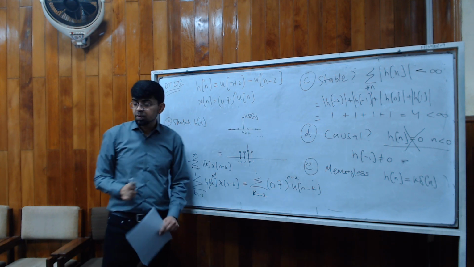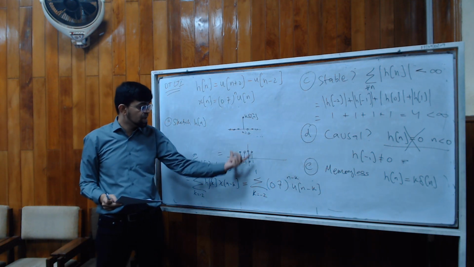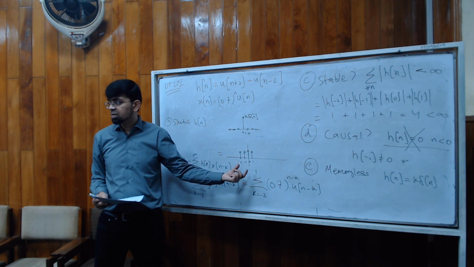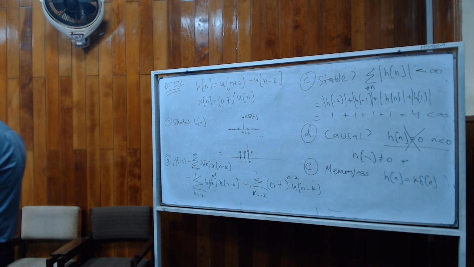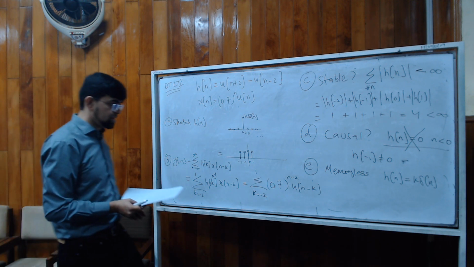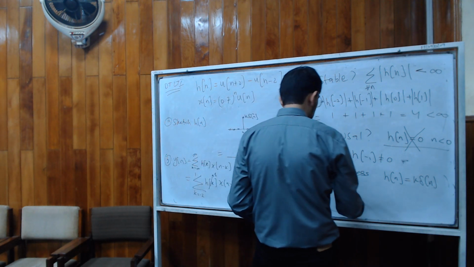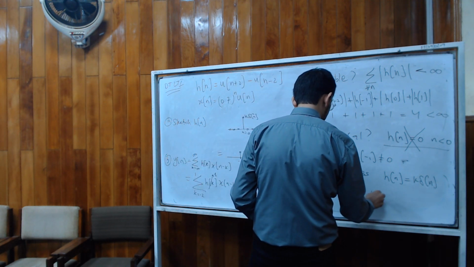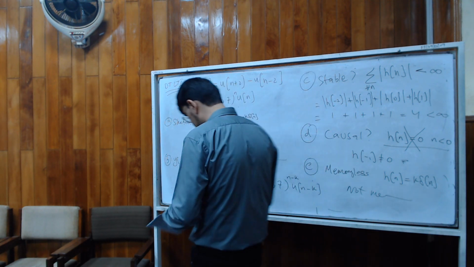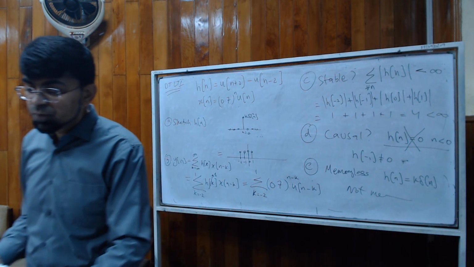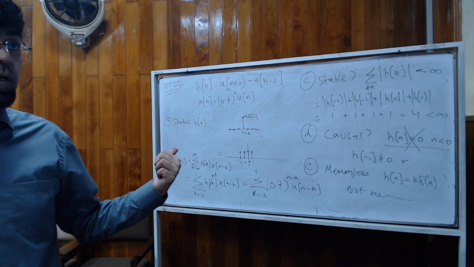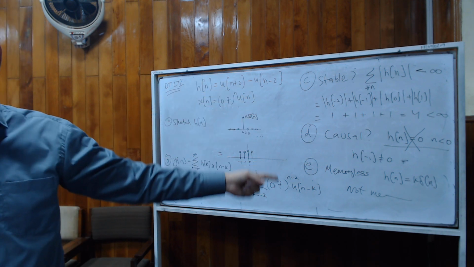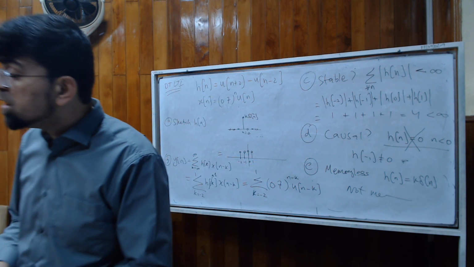Since it doesn't have this shape, it's very different. It doesn't satisfy the condition for memorylessness in a DT-LTI system. So this is not memoryless, or it's a system with memory. Notice that we did all those tests this time using the impulse response, and that's a very powerful thing.